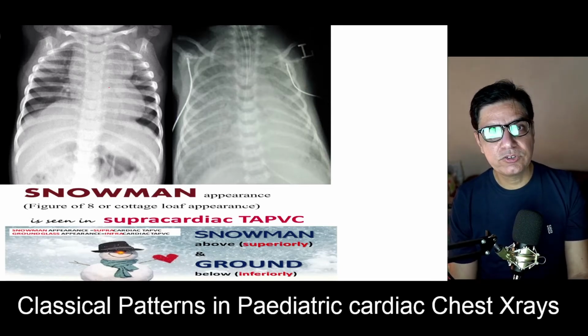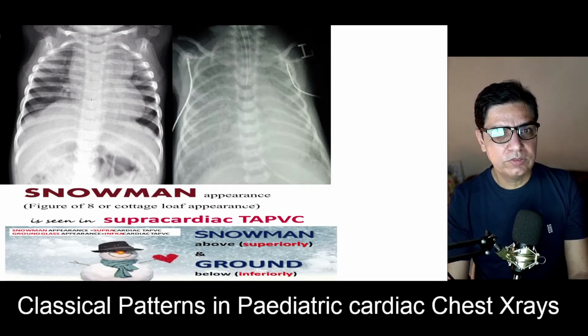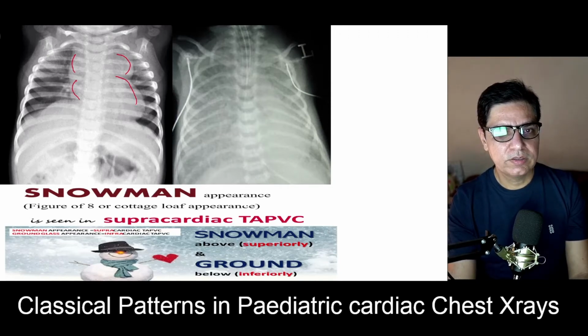That gives you the characteristic appearance of a snowman or the figure of eight. So if you look at this X-ray on the left side, this is the enlarged heart, and you can see this widening of the mediastinum gives an illusion of a figure of eight, and this is because the pulmonary veins are very much dilated and they are opening into the superior vena cava.